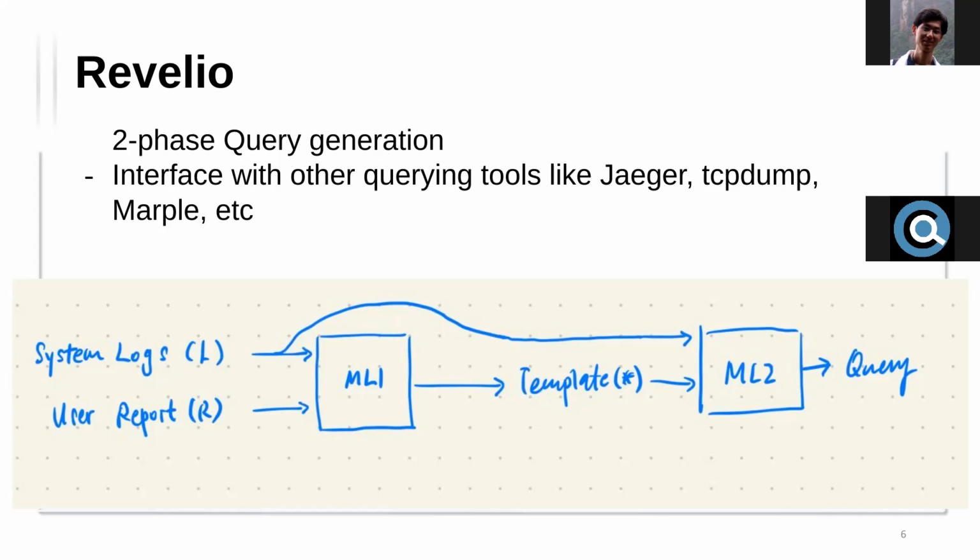And this process is iterative, because if we want to locate one root cause, maybe one query may not be enough. Consider that debugging is more like information reduction. The way of debugging is basically a way to reduce the information entropy of the whole system, right?